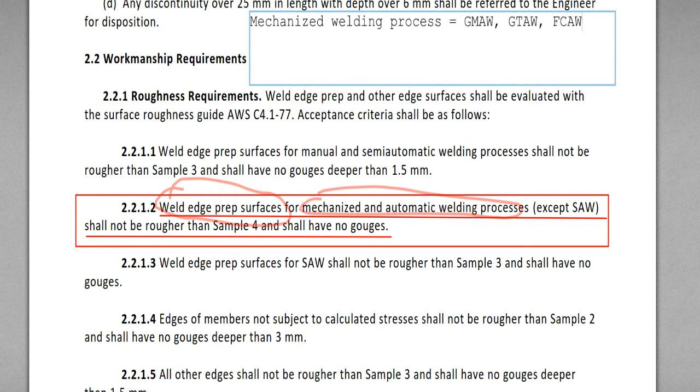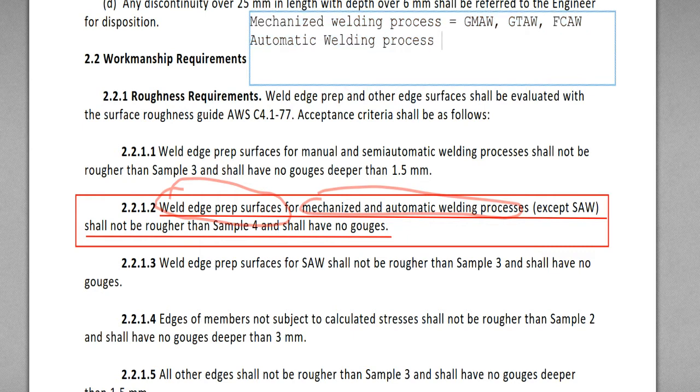These are possibly mechanized welding processes, and automatic welding processes are similar. This is mechanized, but this is 100% automatic.